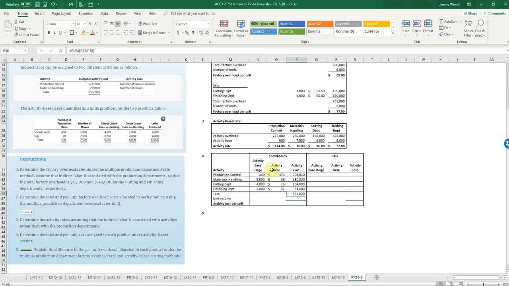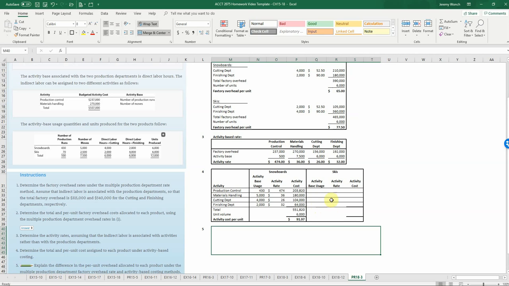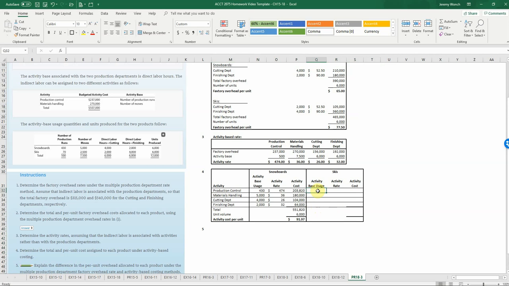So total cost allocated to snowboards is $551,820. Our volume is 6,000 units. Divide that out, and we have $91.97 per unit.